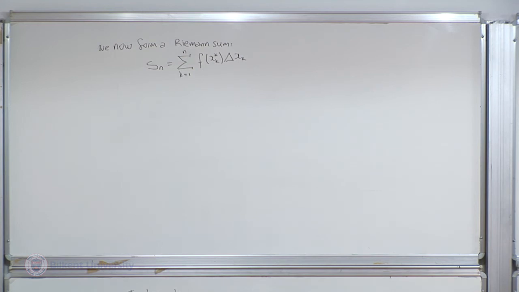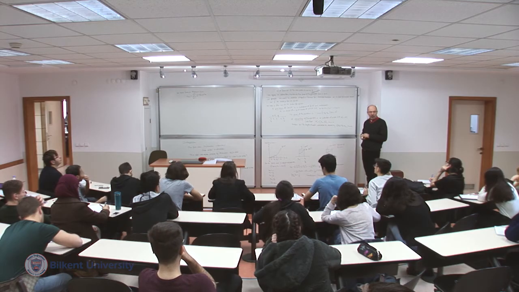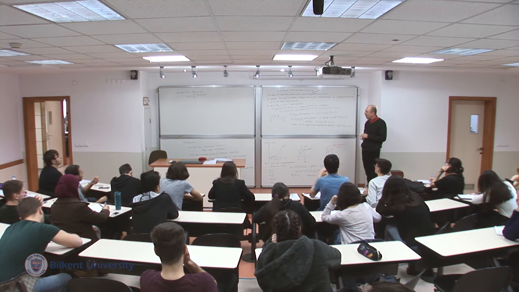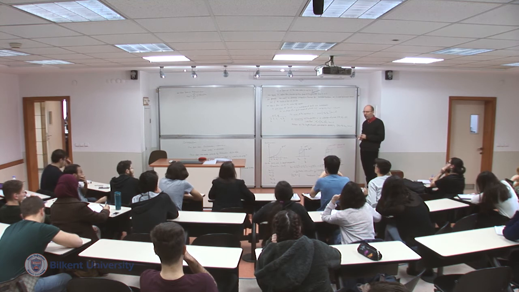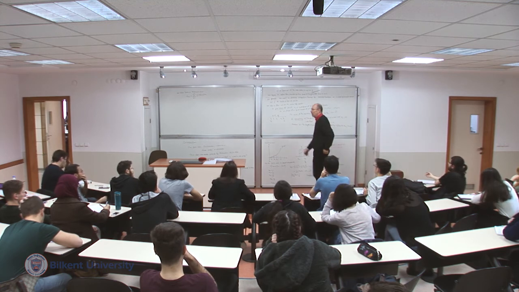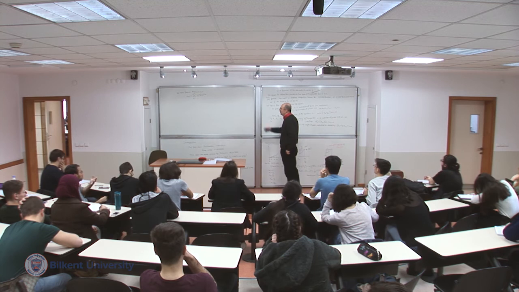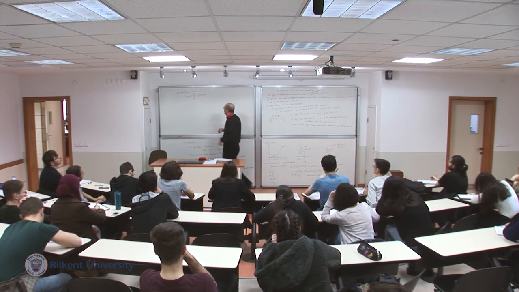If f is continuous, I can always choose this sampling to be the maximum point of the function on that interval. Then this becomes the upper Riemann sum. If I choose these samplings as the points where the function takes its minimum on each subinterval, then it is the lower Riemann sum. But in general, you see, we have this thing called the Riemann sum.